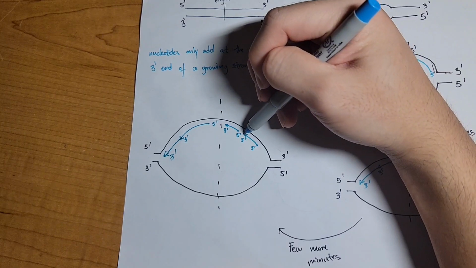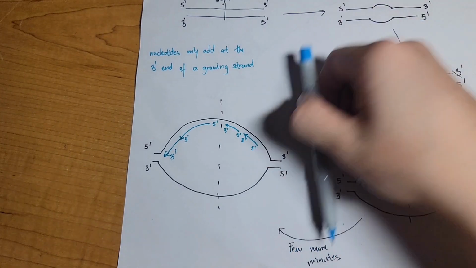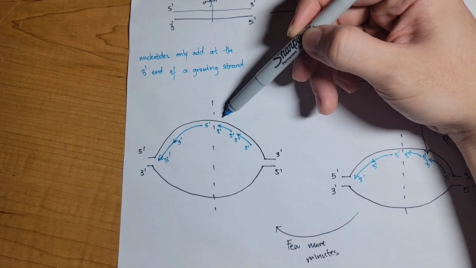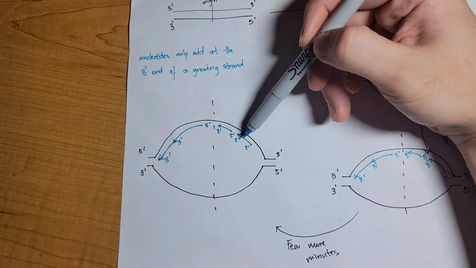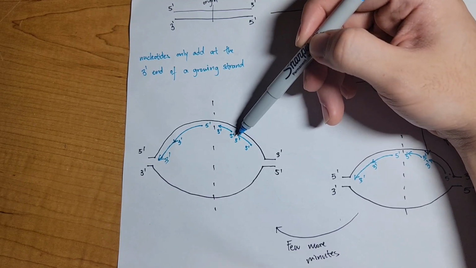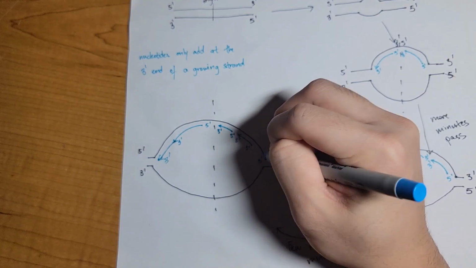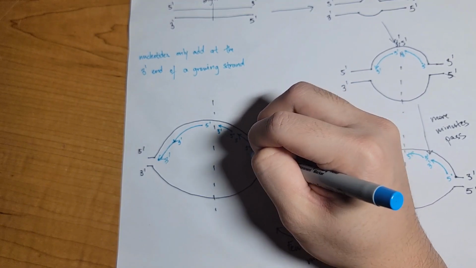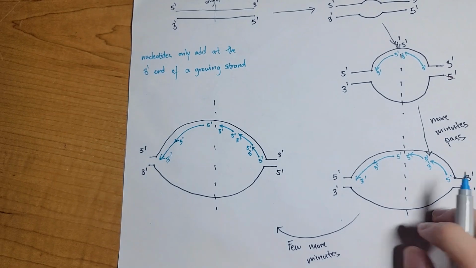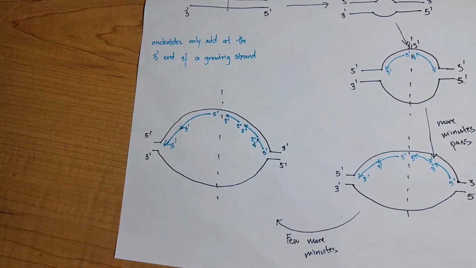I'm gonna try to keep adding here, but see how there's already another strand from the first few minutes. So that means I cannot add anymore on its 3' end. Now I have to add another strand starting here. So I hope it made you understand why we had leading strands and why we had lagging strands.